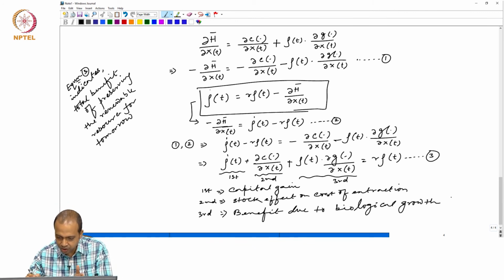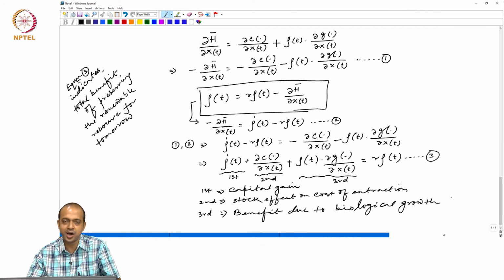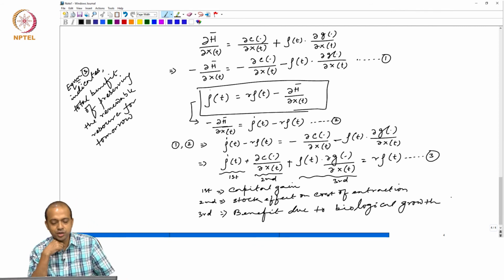So, these three are the benefit if I preserve the resource for tomorrow, and that should be equals to at least R into rho t. I can always catch the fish, and the revenue part I can keep it in bank. Bank will give interest at the rate of R. So, my total benefit would be R into rho t. Okay. That is what we meant.